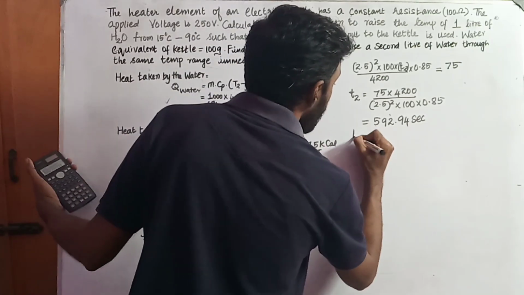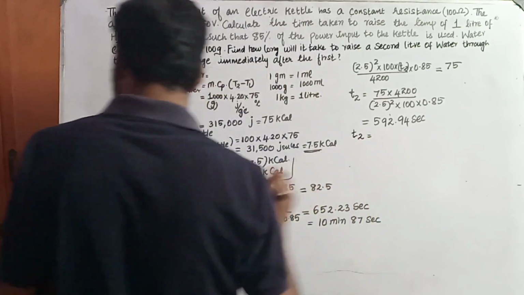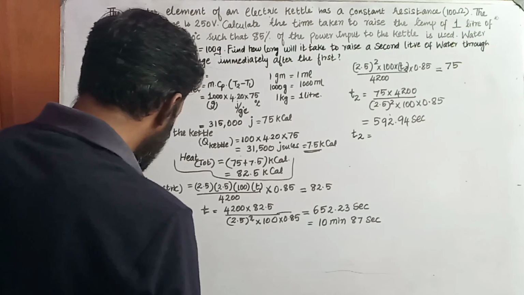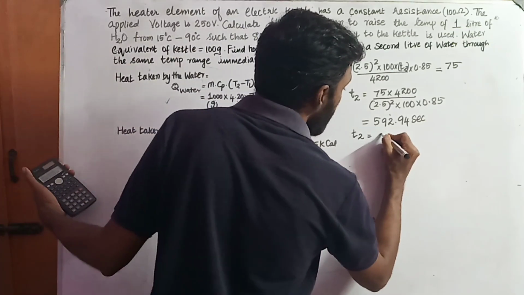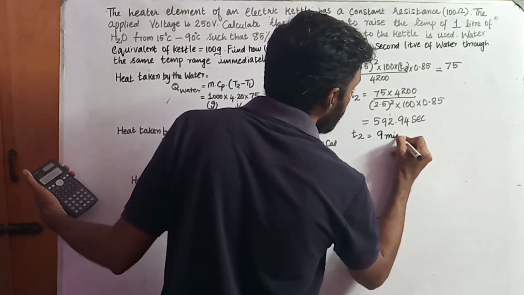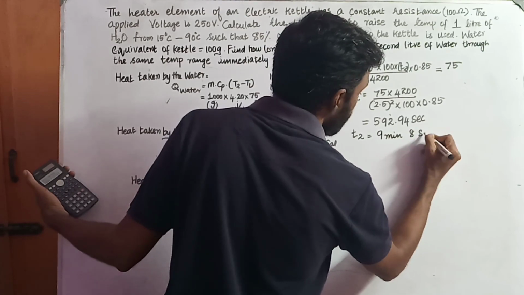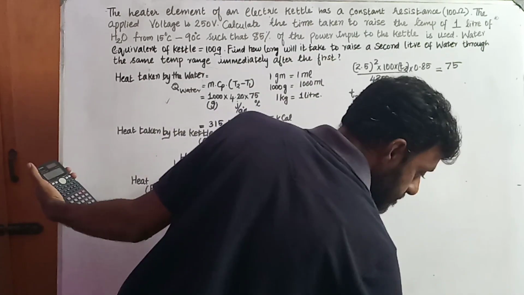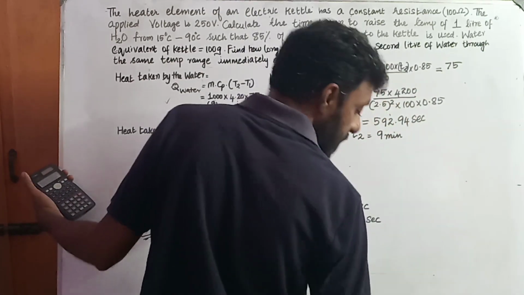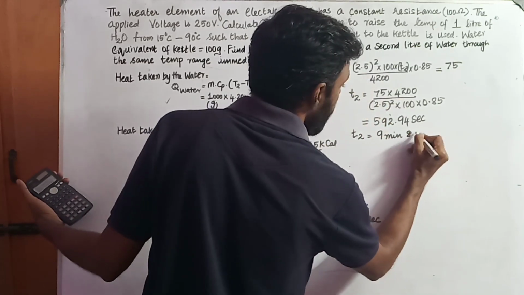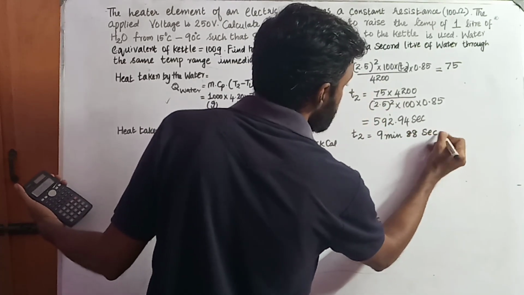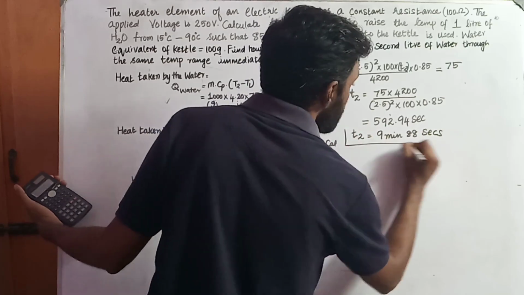So T2 is 9.88, which is 9 minutes 88 seconds. Okay, so this is the final answer.